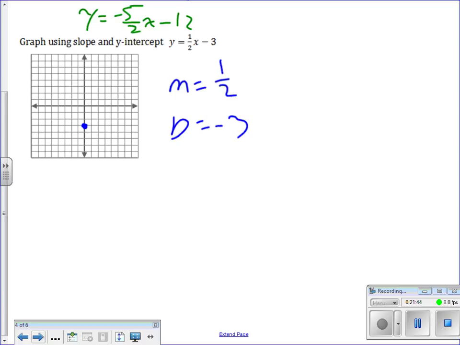I don't know why. You go from the y-intercept, you go from that point. Do your rise and run. My slope is 1 over 2. My rise is 1, my run is 2. Up 1 over 2, put another dot, and my line goes through it. That's it.